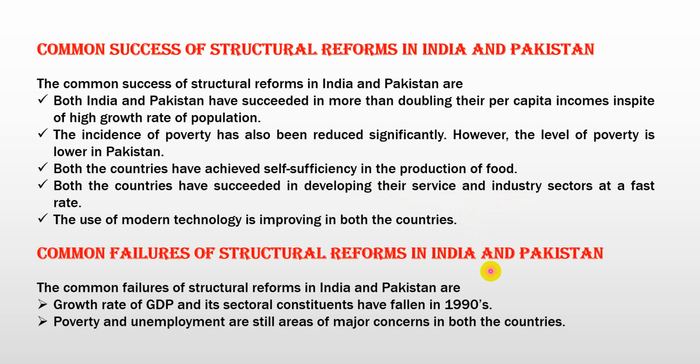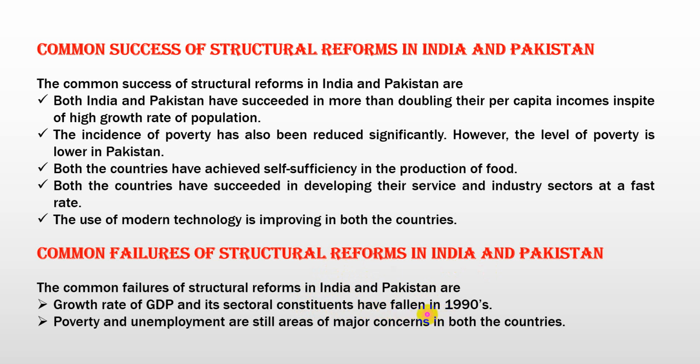What are the common failures of India and Pakistan of structural reforms? The common failures of structural reforms in India and Pakistan are that the growth rate of GDP and its sectoral constituents have fallen in the 1990s.